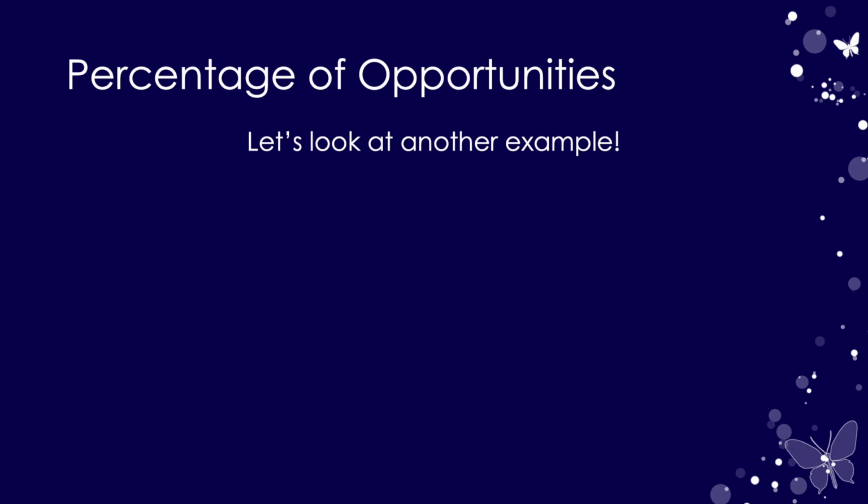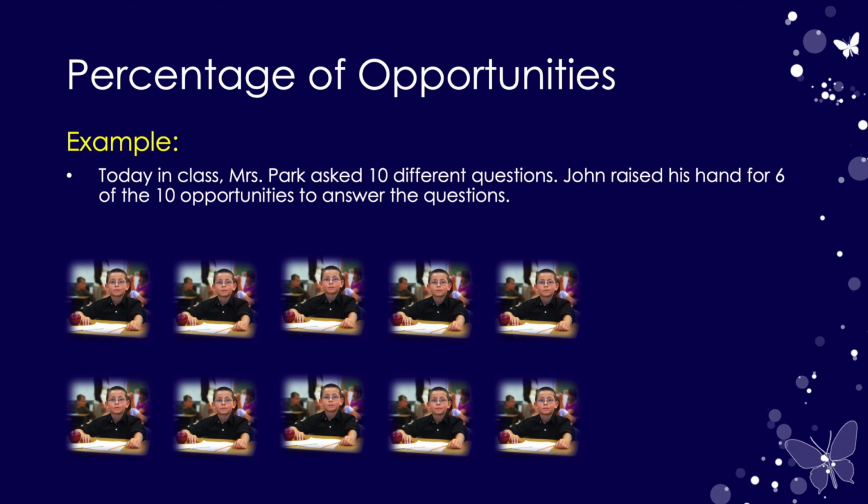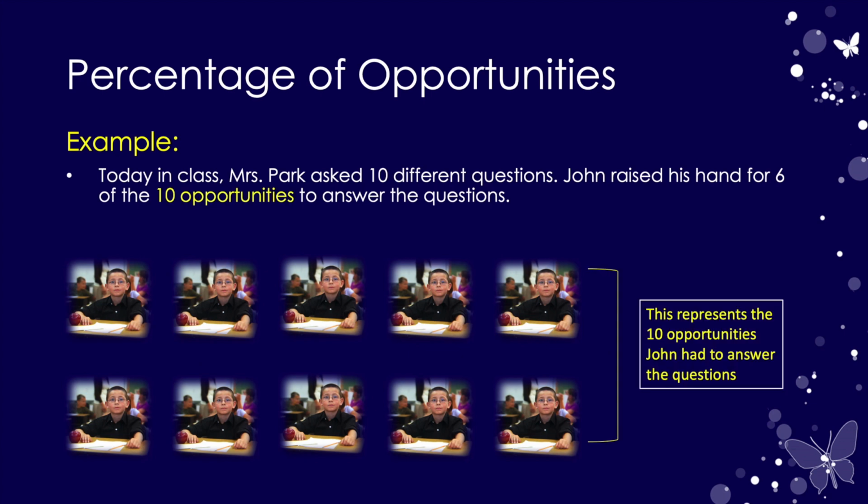Let's look at another example. Today in class, Mrs. Park asked 10 different questions. John raised his hand for 6 of the 10 opportunities to answer the questions. These photos represent the 10 opportunities John had to engage in a behavior.